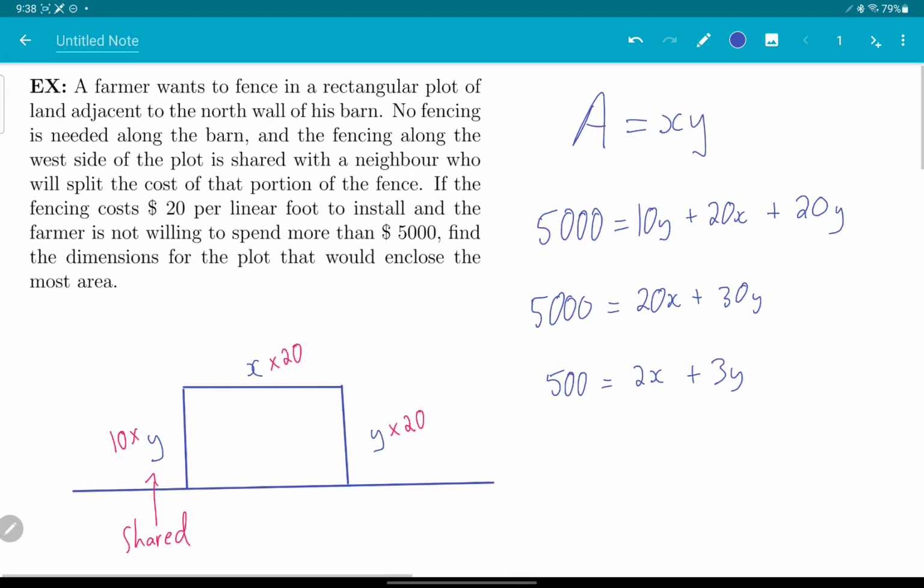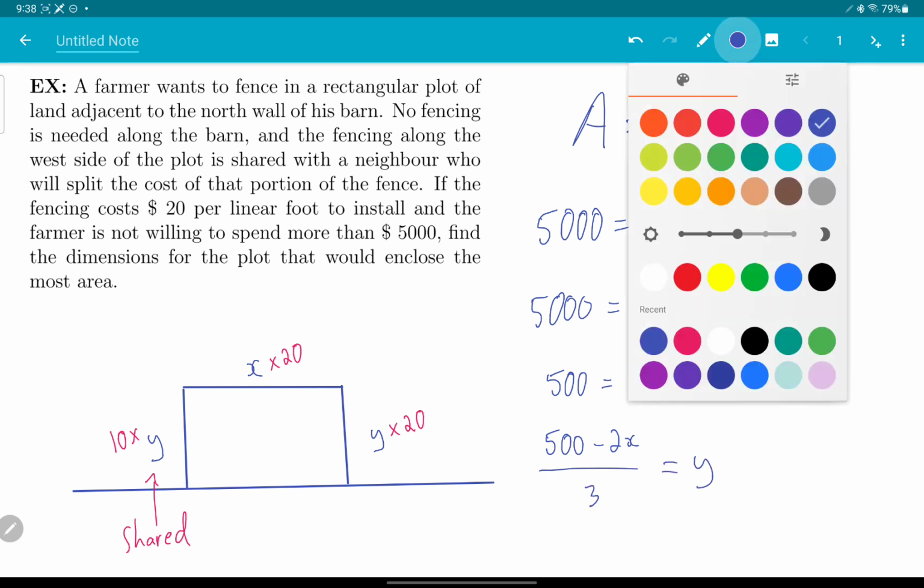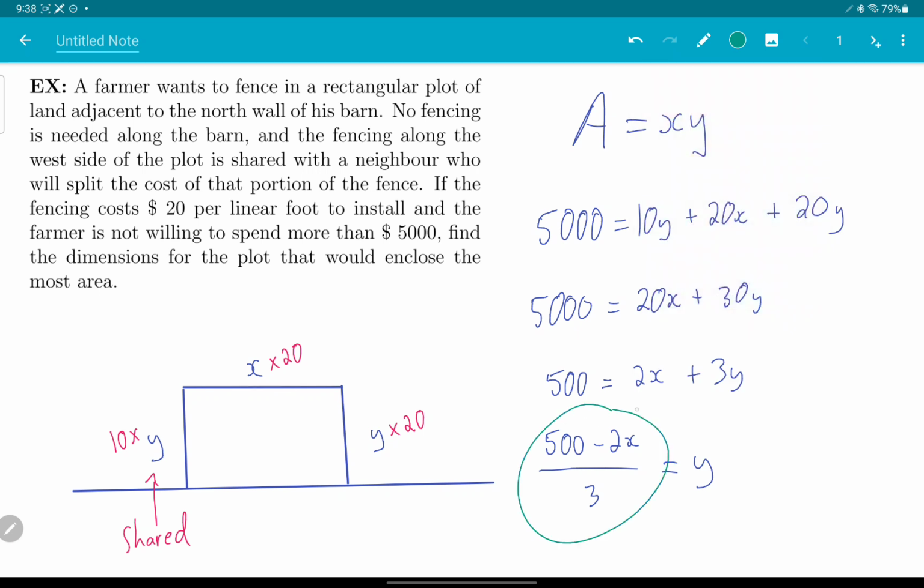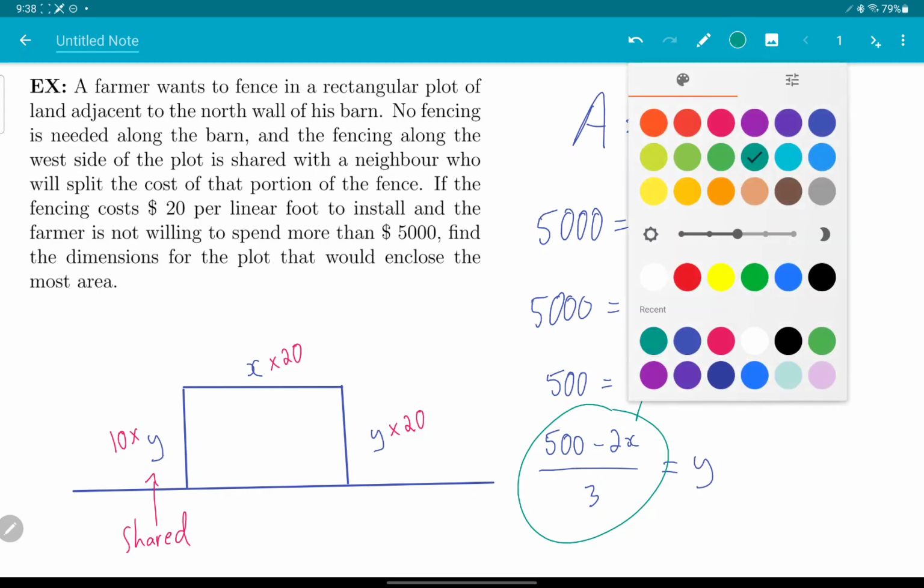So let's eliminate. Solving for y here, I get y equals (500 minus 2x) over 3. And then this quantity will go in for y there.